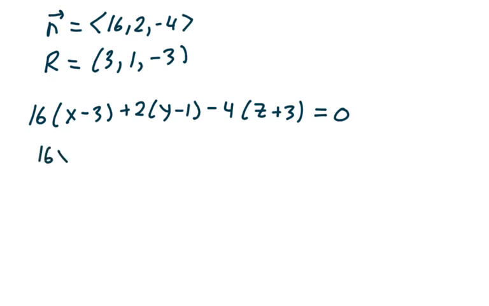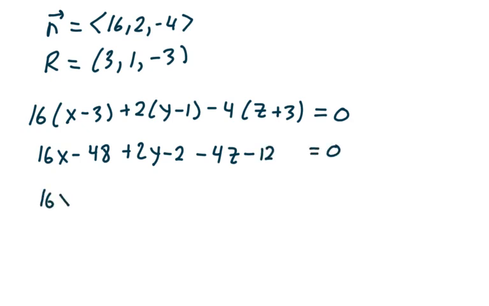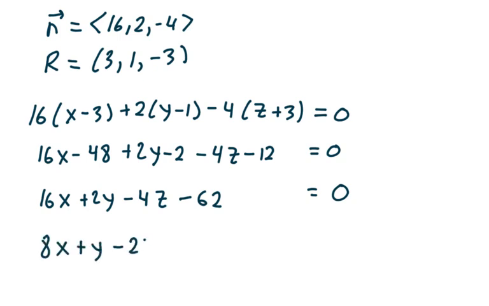So 16x minus 48, distributing the 16, plus 2y minus 2, minus 4z minus 12 equals 0. So 16x plus 2y minus 4z, and then negative 48 minus 12 is negative 60, and then negative 60 minus 2 is negative 62, so we're subtracting 62. And then dividing by 2 on both sides, we get 8x plus y minus 2z minus 31 equals 0.